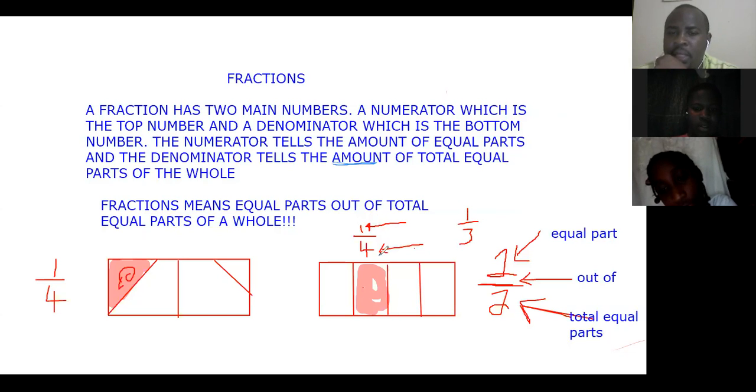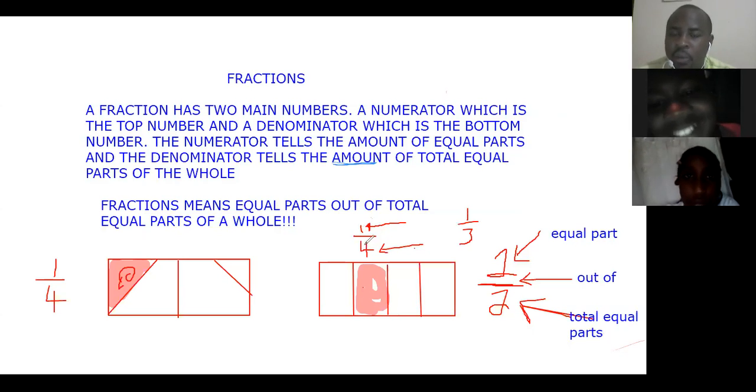What is it saying to you? 1/4. Yeah, what is it saying to you? 1 is the numerator and 4 is the denominator. And what does it mean? It means 1 equal part out of 4 total equal parts of the whole.